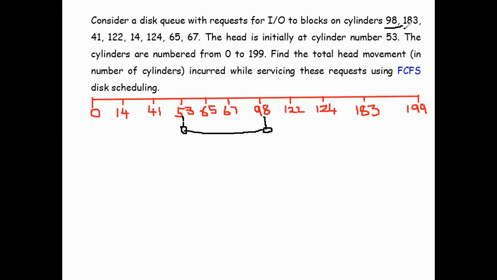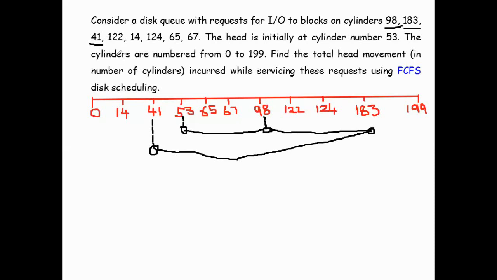The next request is for cylinder number 183. Now, the head moves from 98 to 183. The next request is for cylinder number 41. Now the direction is reversed and the head will move from 183 to 41.